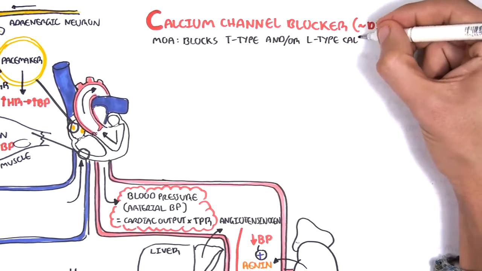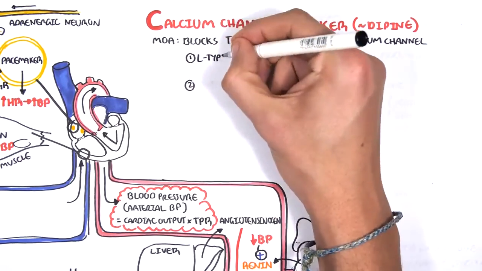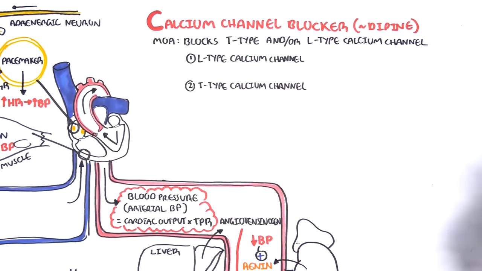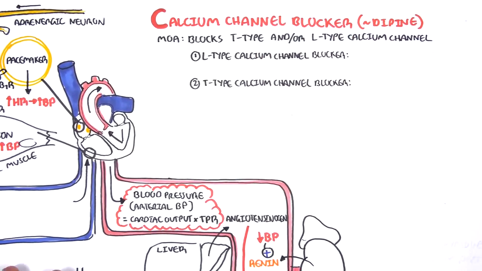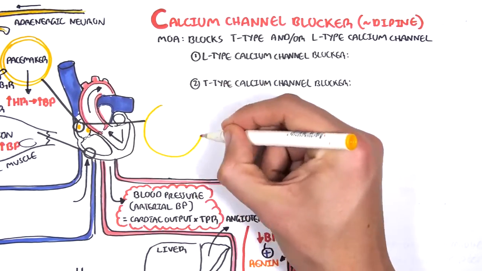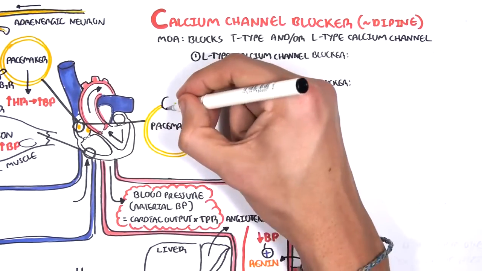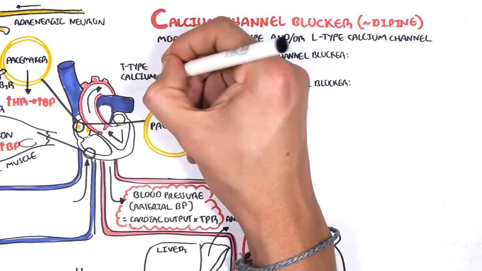More specifically, they block T-type calcium channels and/or L-type calcium channels. So there are L-type calcium channel blockers or T-type calcium channel blockers or both. And it's important to know this because these channels are found in different parts of our body. For example, in the heart, going back to our pacemaker cells, which control the heart rate, there are T-type calcium channels.